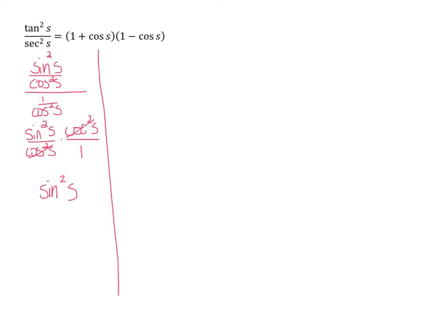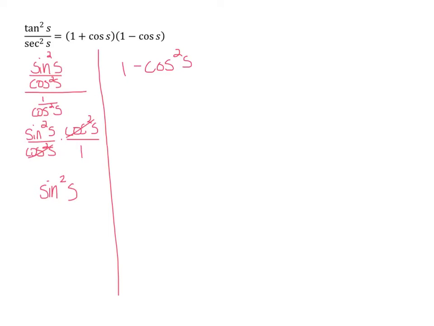Now I have to start working on the right-hand side and seeing how I can simplify that. The first thing that I'll do is FOIL this out. 1 times 1 is 1. 1 times negative cosine plus 1 times positive cosine, those cancel. Positive cosine times a negative cosine would be minus cosine squared of s.